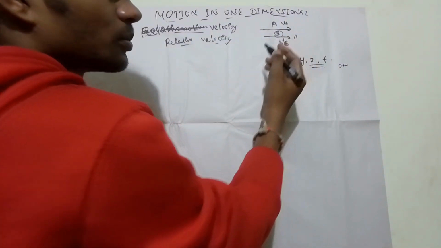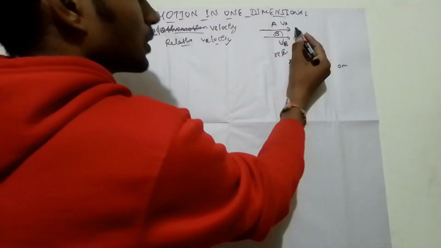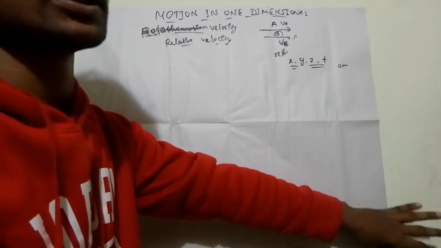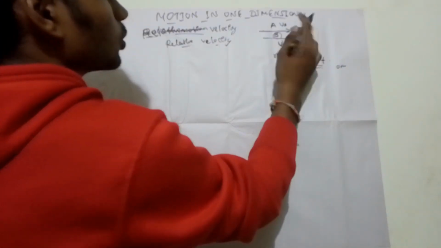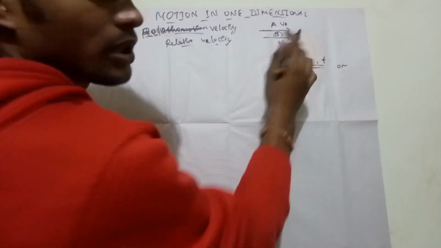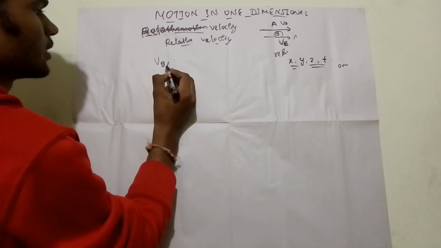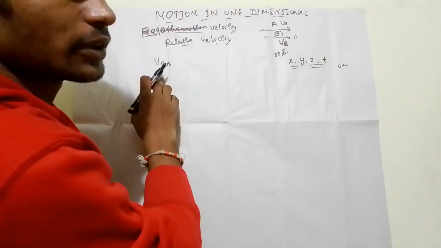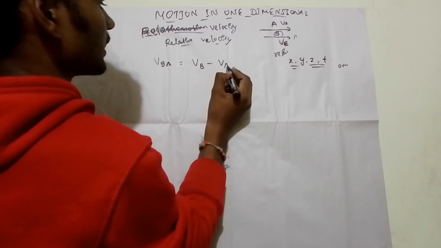Here the observer is moving, so we say the velocity of the particular object is with respect to his velocity. Both A and B are moving in the same direction, so the velocity of B with respect to A, VBA, is equal to VB minus VA.